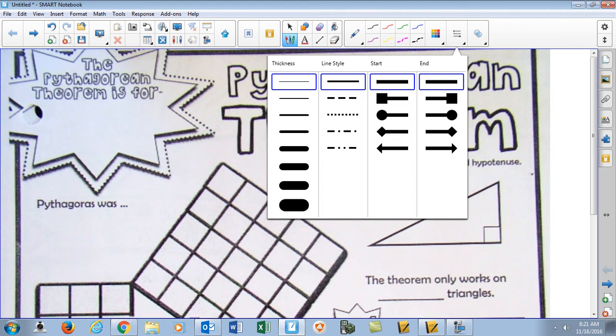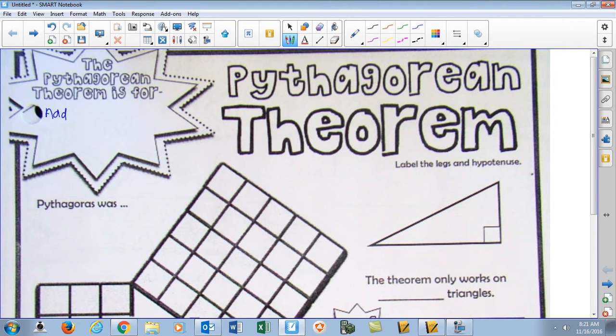It says here the Pythagorean Theorem is for finding the length of the missing side in a right triangle.